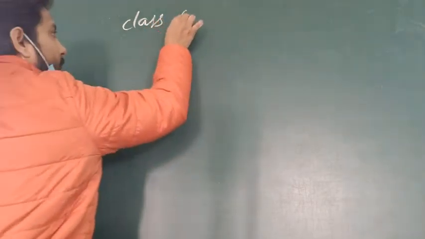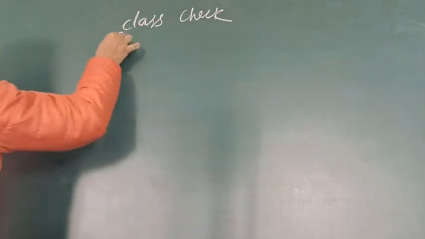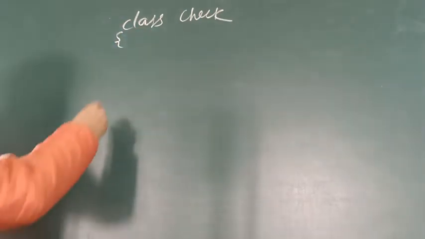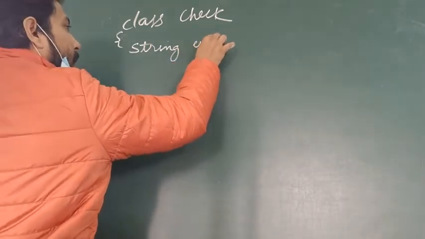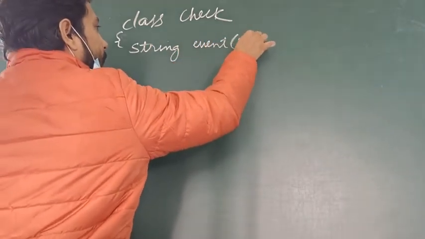Class check, is it visible? It is very visible on this. So class chat, string even, int n.